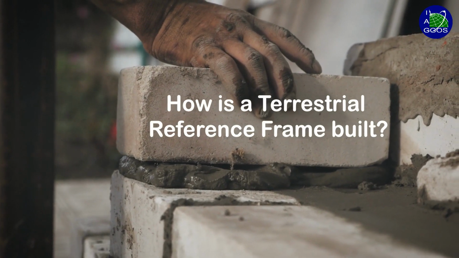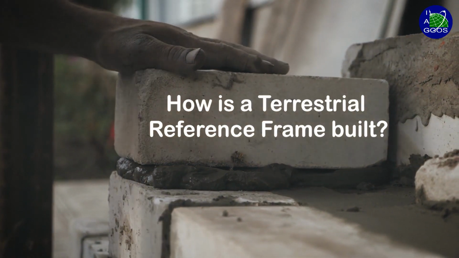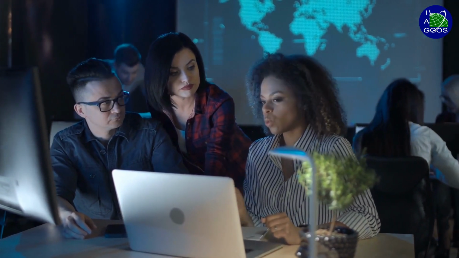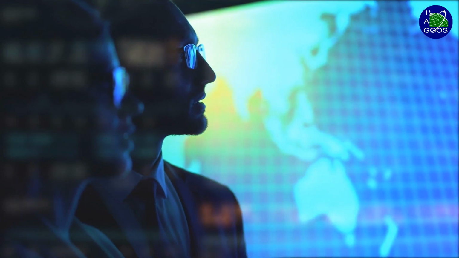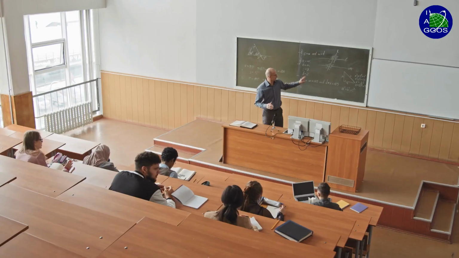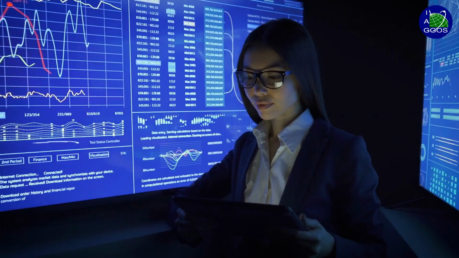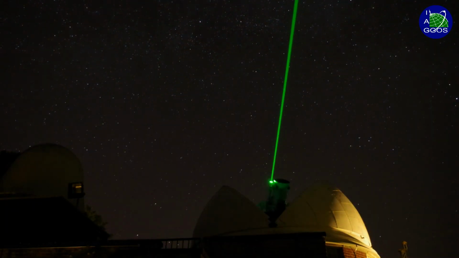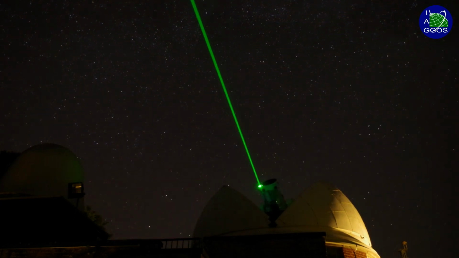How is a terrestrial reference frame built? The ITRF is a collaborative international effort built with investments from national mapping agencies, space agencies, universities, and research groups. 4 space geodetic techniques are utilized in the ITRF computation.